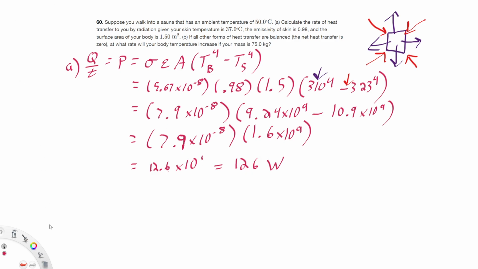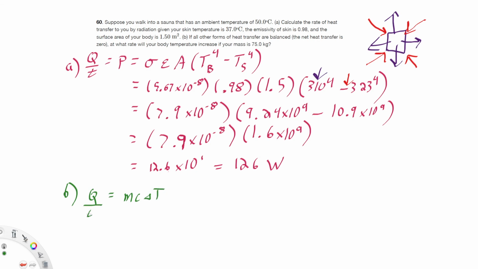Okay. So for part B, what rate is the temperature of your body going to increase because of this? Well, here we have Q equals mc delta T, right?